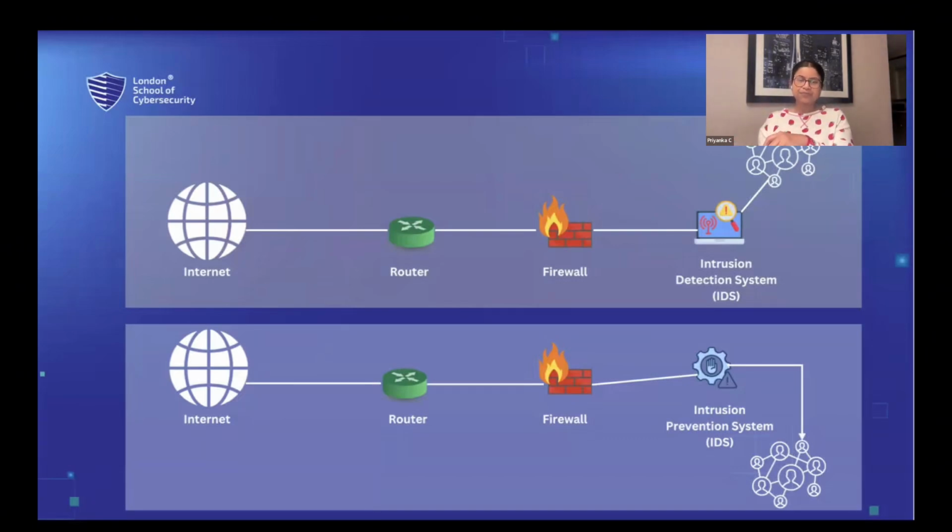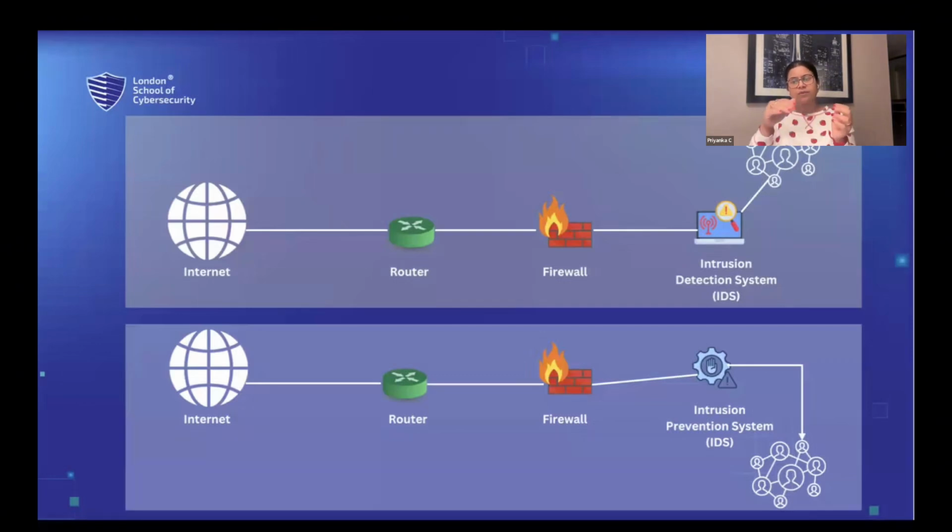From the left side, we have the internet where all of these unknowns, threats and unknown attackers exist. They would typically come to a network, and we have the router.